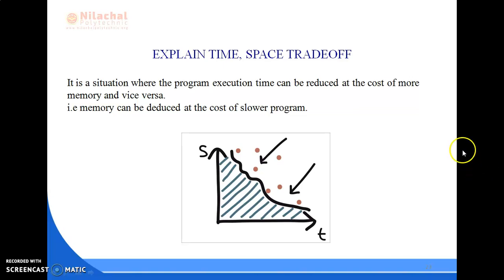So this is your concept of time and space trade-off, in which both are adjusted or coordinated to find an efficient algorithm, either by increasing the execution time and reducing the memory space, or by decreasing the execution time and increasing the memory space. So this was the end of your first chapter.